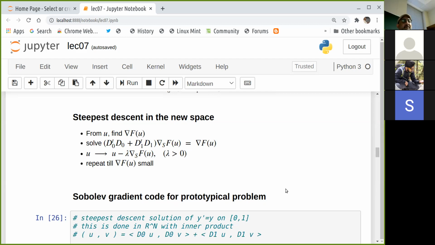Now solve that equation for the Sobolev gradient. Now, instead of U minus lambda Euclidean gradient, you should use U minus lambda Sobolev gradient and keep going until the Euclidean gradient is very small. Okay. Are there any questions so far?